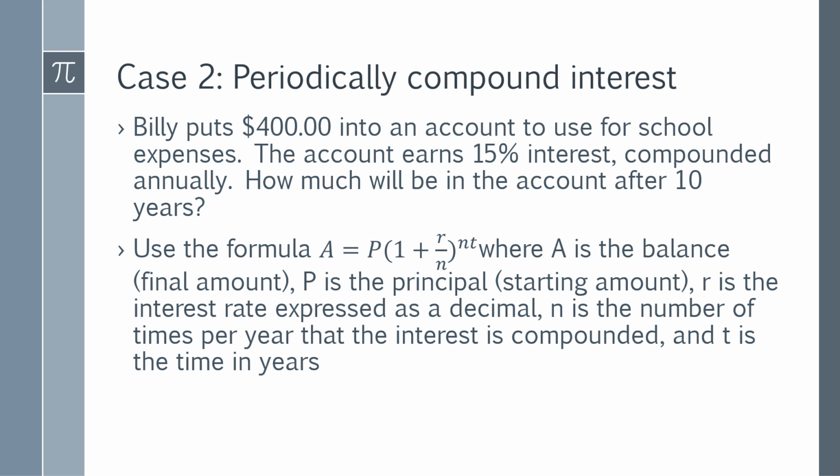Now, you gotta use this formula: A equals P times 1 plus R divided by N to the power of N times T, where A is the balance, the final amount, P is the principal, the starting amount, and R is the interest rate expressed as a decimal. N is the number of times per year that this interest is compounded. You gotta figure that all out.